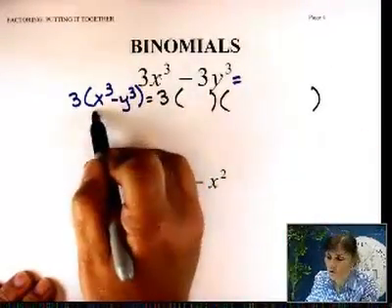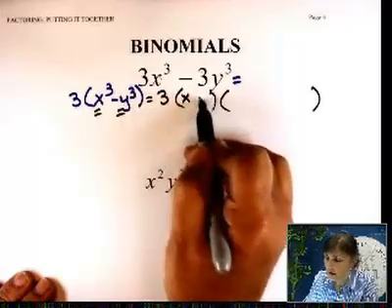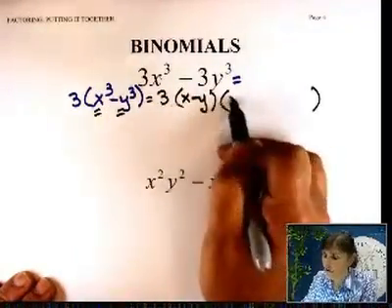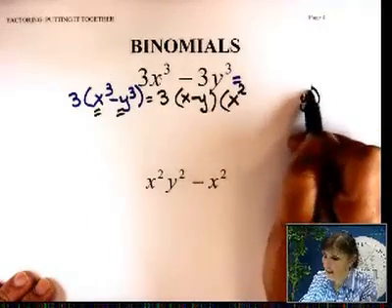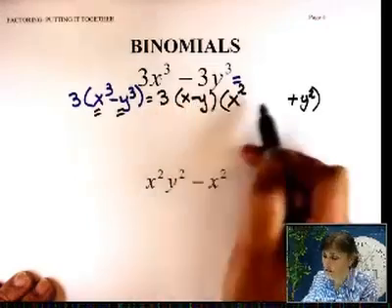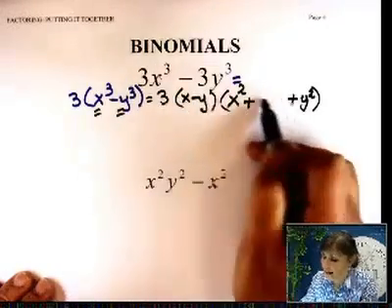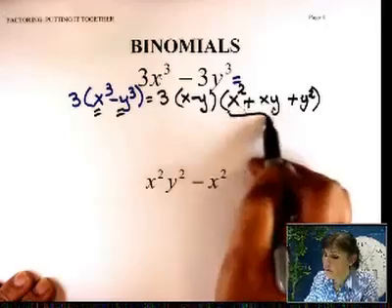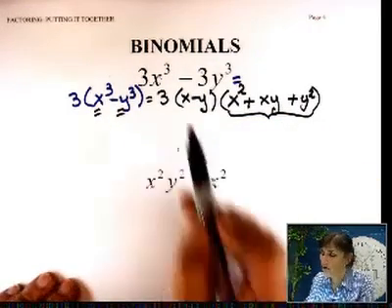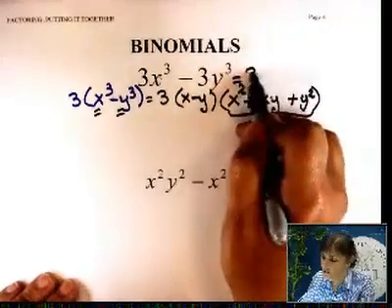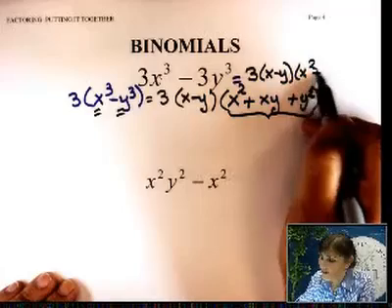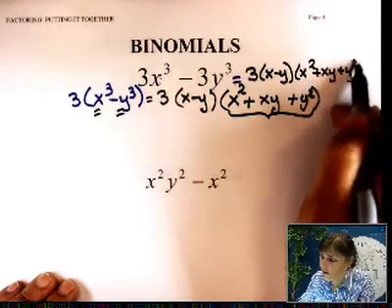The formula worked with the first and the last with the minus, and then you have first one squared, last one squared, and the last one was always plus. The middle term was the opposite of this one, which is the plus, and you multiply them out. And remember, this part is always as far as it goes. It's prime. You cannot go any further. So this one factored out as 3, x minus 2, x squared plus xy plus y squared.